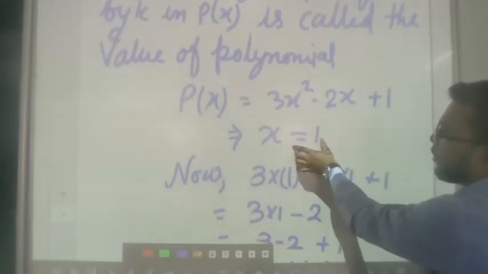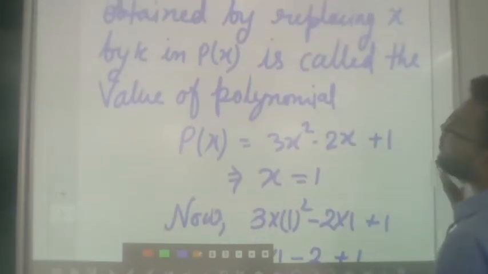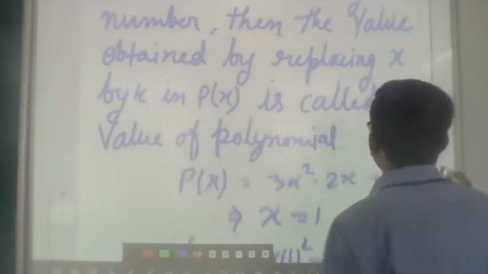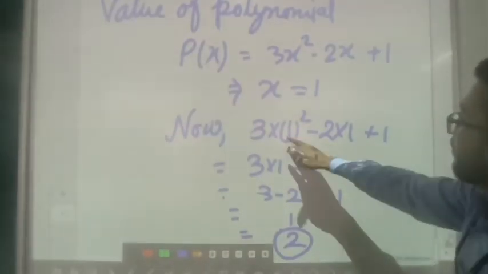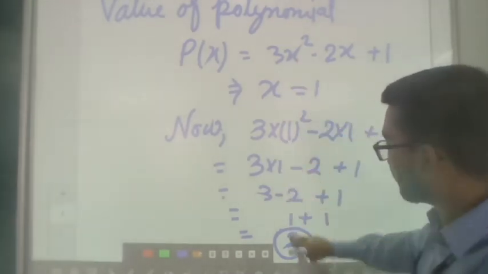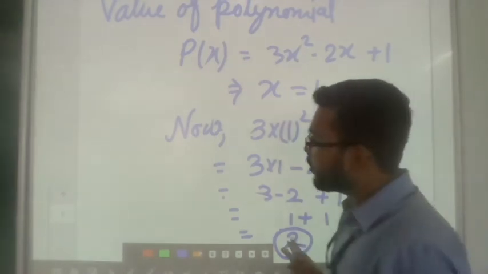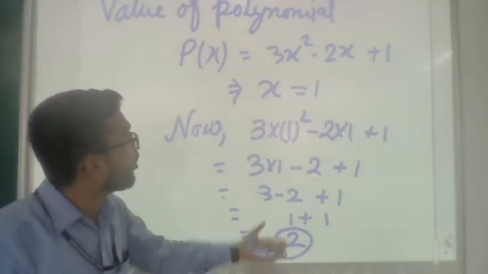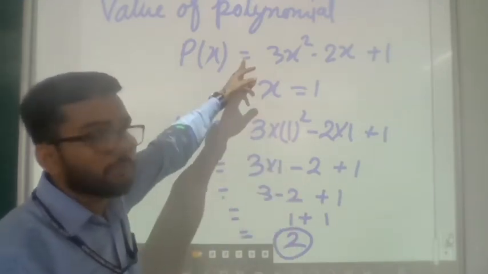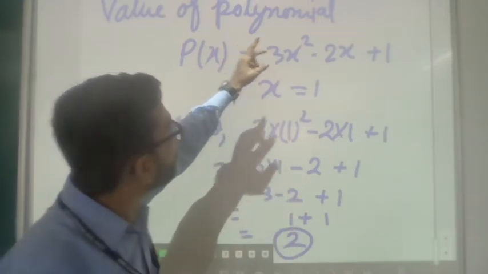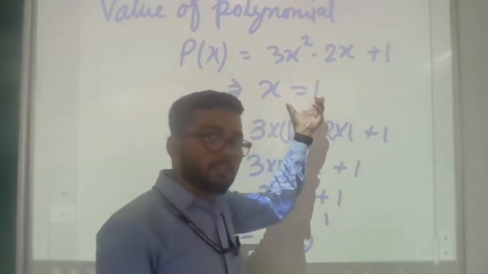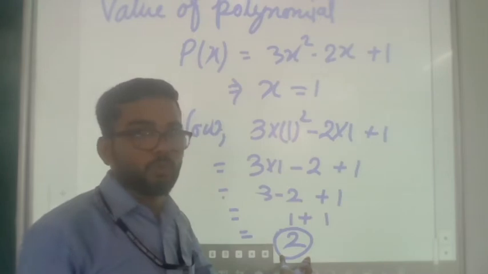Here I have taken 1 as a real number, and the value obtained by replacing x by this real number is 2. This value is called the value of this polynomial. So the value of the polynomial 3x squared minus 2x plus 1 for x equal to 1 is 2.